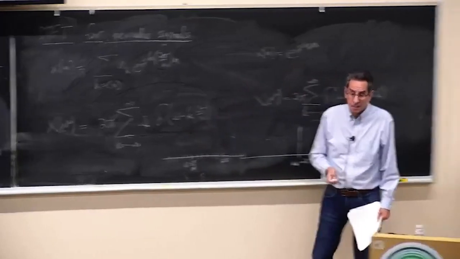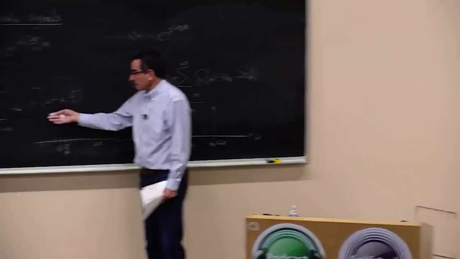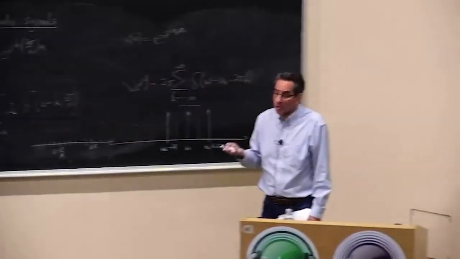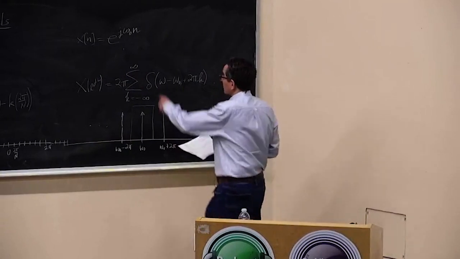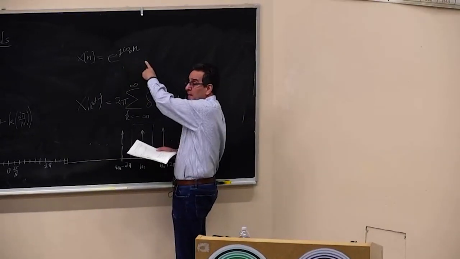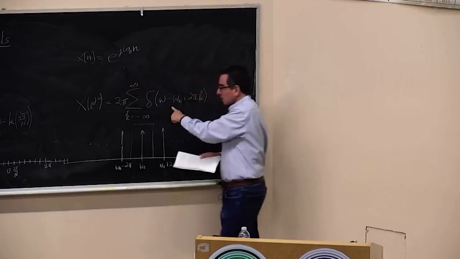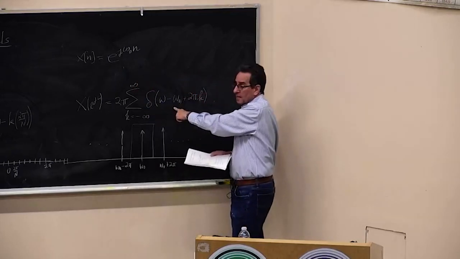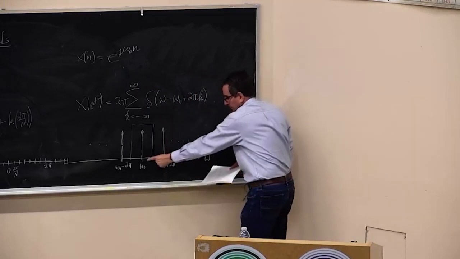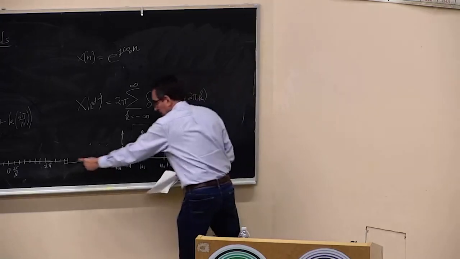Okay? So you can use this to figure out what the discrete time Fourier transform of, let's say, a cosine looks like. Well, the cosine is just going to be e to the j omega naught n plus e to the minus j omega naught n, divided by 2. So you're just going to basically take this guy. You'll have these at plus omega naught and integer multiples of 2 pi in both directions.